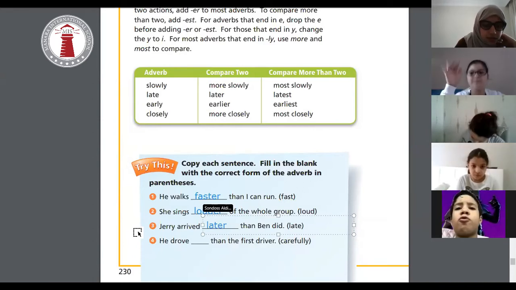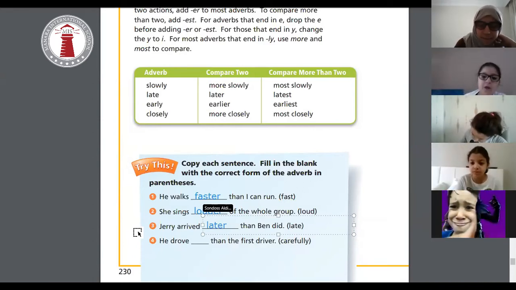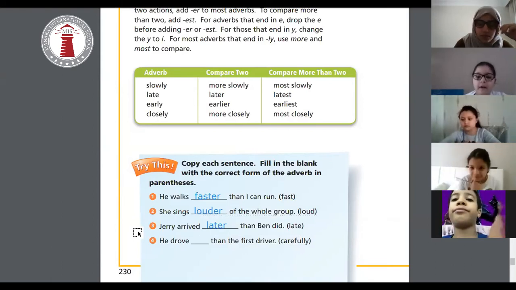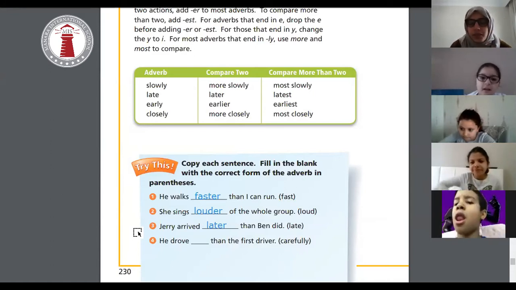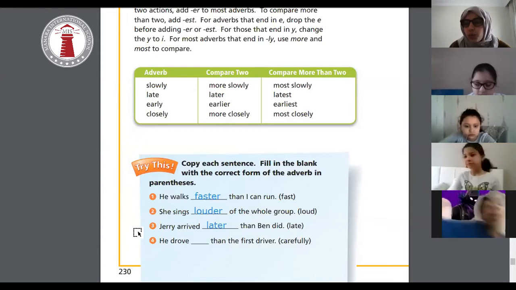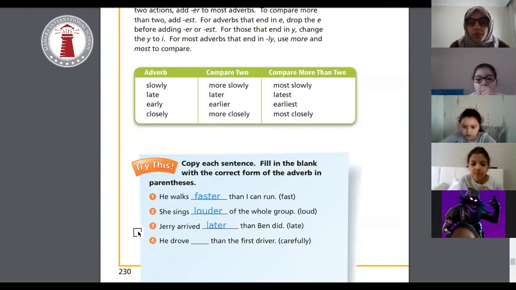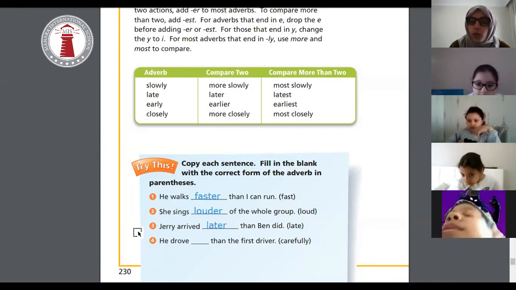Hadiya, please read number 4. He drove, then the first driver carefully. Good job, Hadiya. So are we comparing between two actions or more here? Two actions. So do we need to add ER or EST or more or most?